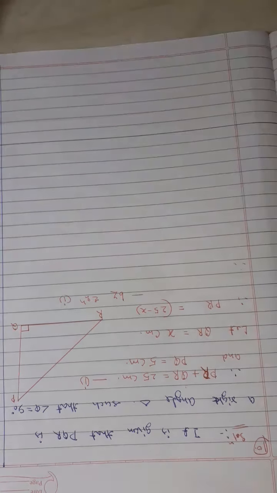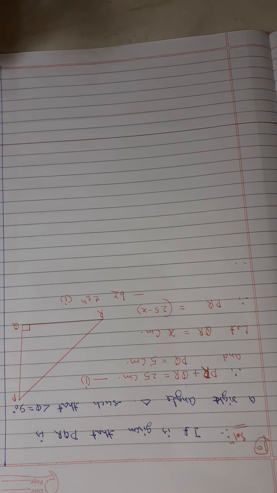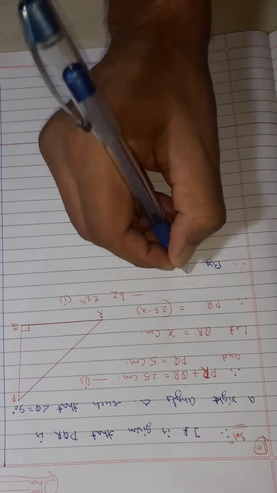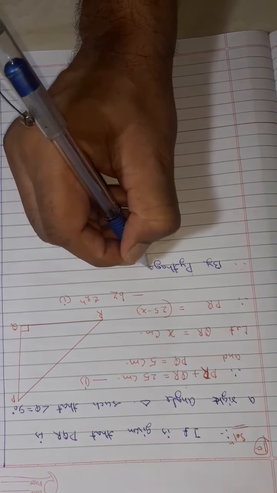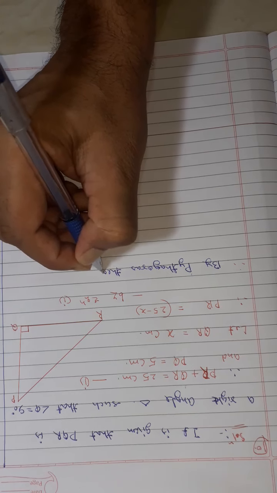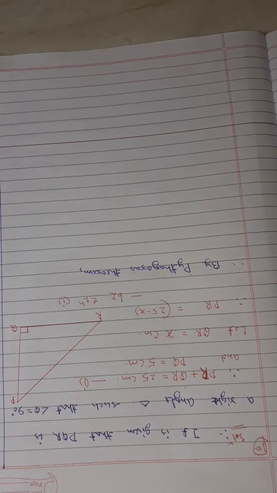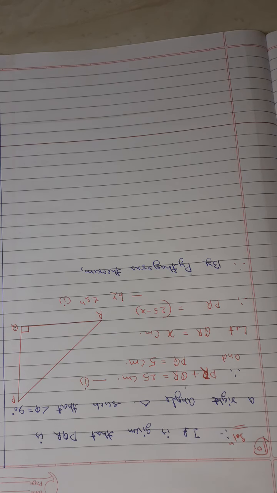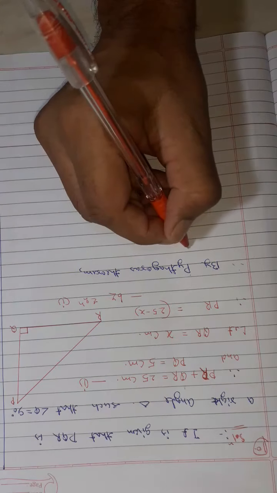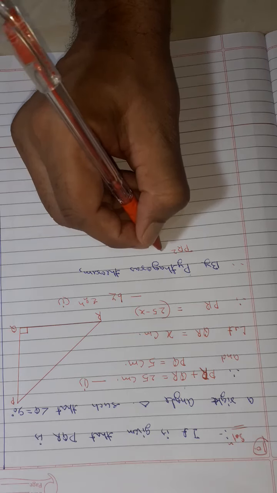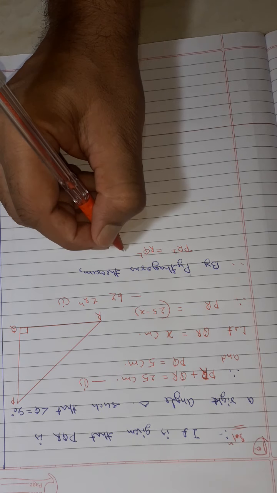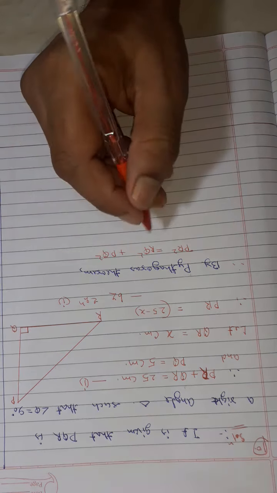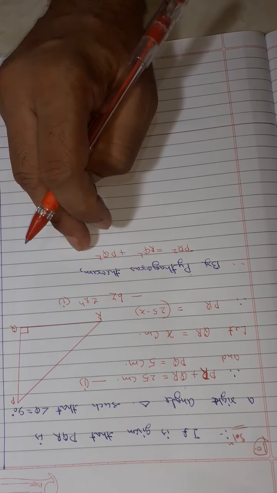Therefore by Pythagoras theorem, PR square is equal to QR square plus PQ square.